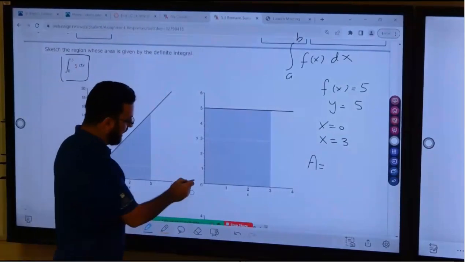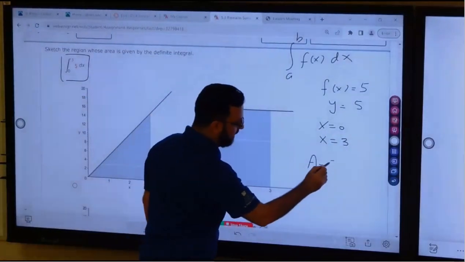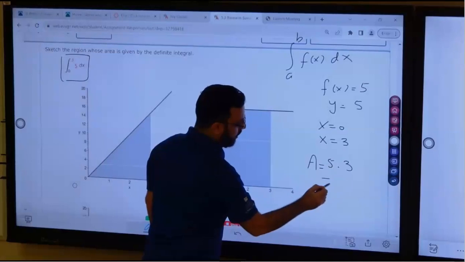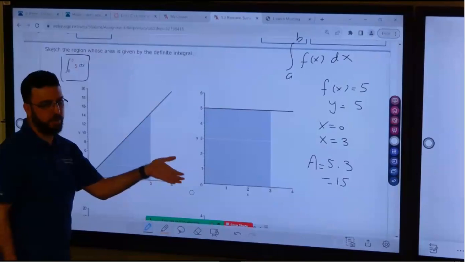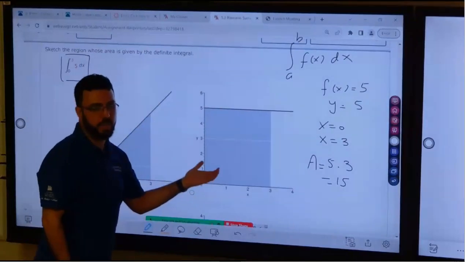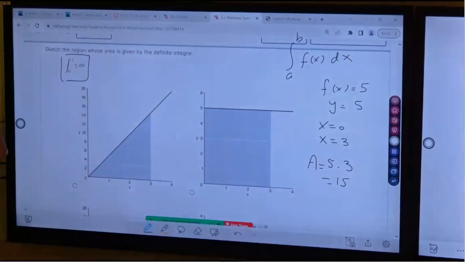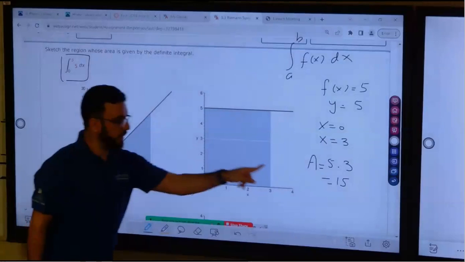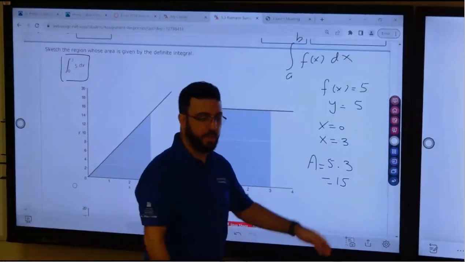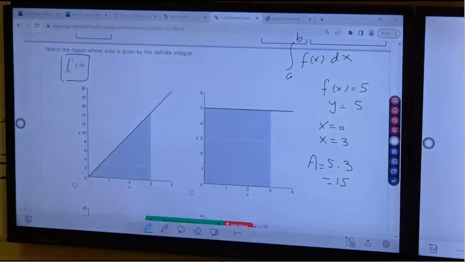Let's say this is the length, that means 5 times 3, so equal 15. If they ask you to find the area, because it's a geometric graph, we can find the area without using the definite integral. Again, if you use the definite integral, the result should be 15. And that's what we're going to learn next section.